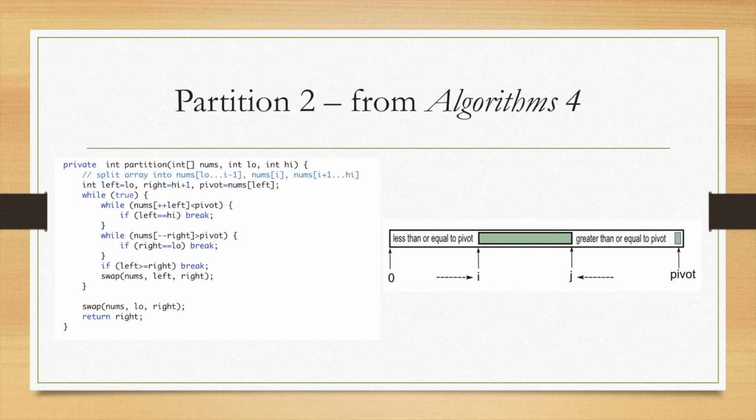As the last step, we also exchange the pivot into the middle of the array and then return that pointer.